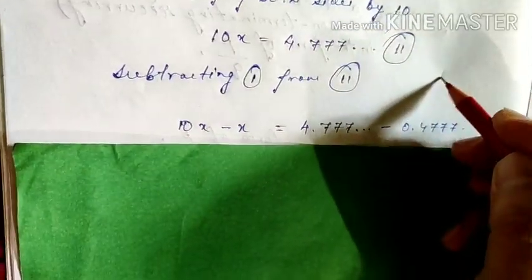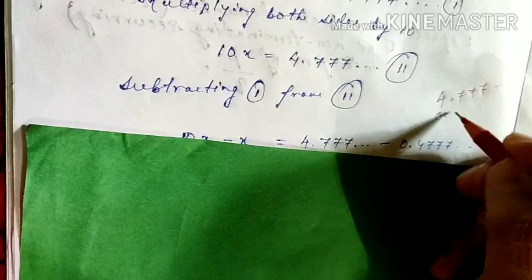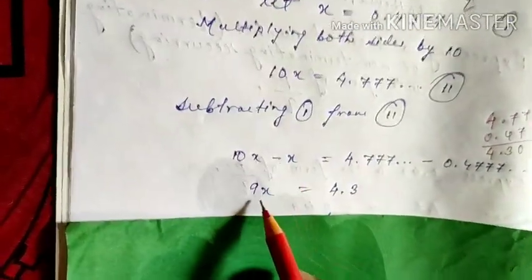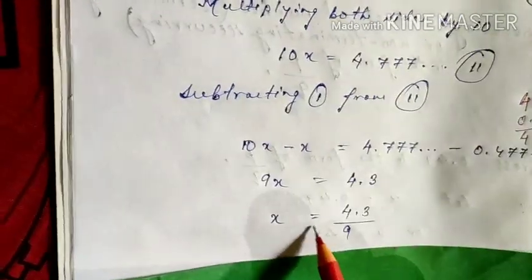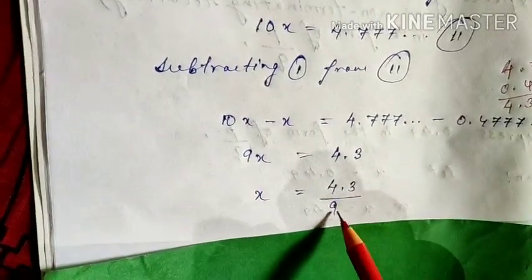Now on subtracting 4.777 and 0.477 repeating, you will get 7 minus 7, 0, 7 minus 7, 0, 7 minus 4, 3, that is 4.3. So 10x minus x will give you 9x equals 4.3, or x will be equal to 4.3 divided by 9.